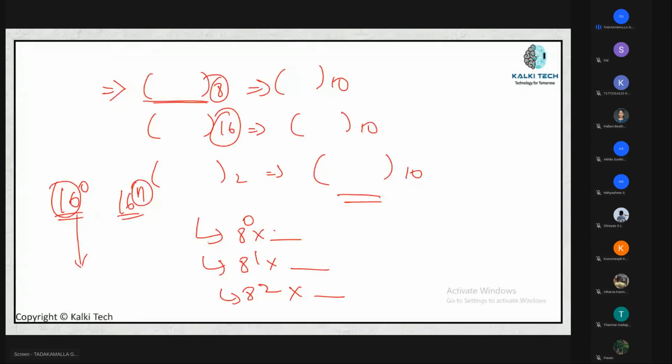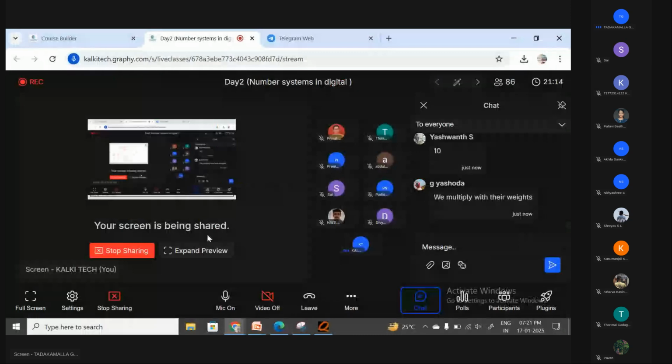So in general, please remember, if we want to convert any number into a decimal number, we take the weights of each position and add them. Please do remember this.